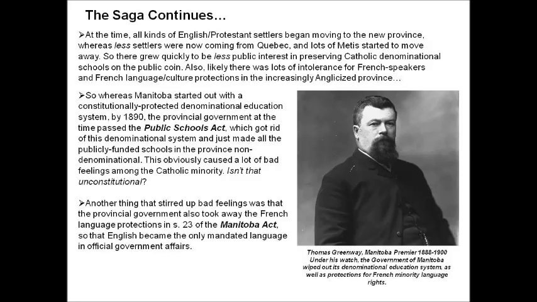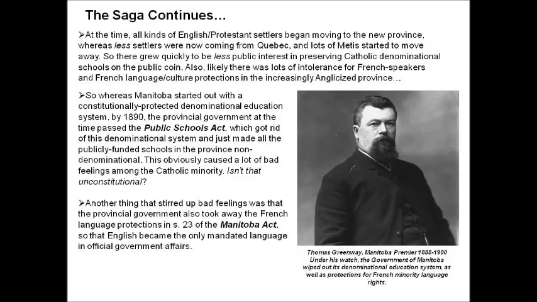You can imagine the derogatory nature of the debate at the time, and as it's quite common for majorities to beat up on minorities, right? Also, there was lots of intolerance for French speakers and French language culture protections in the increasingly anglicized province.